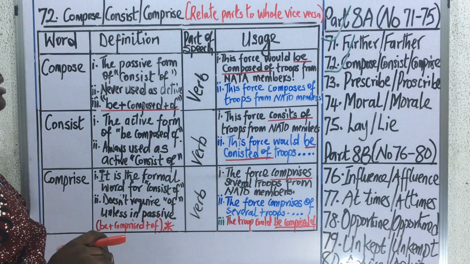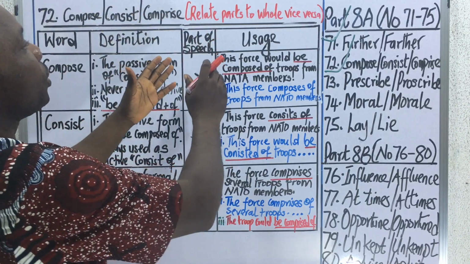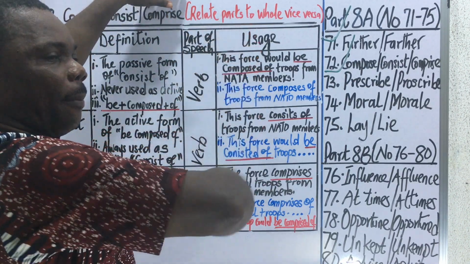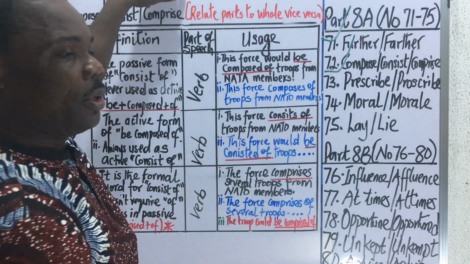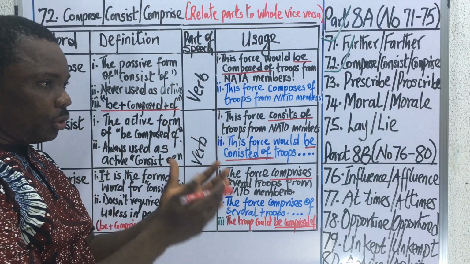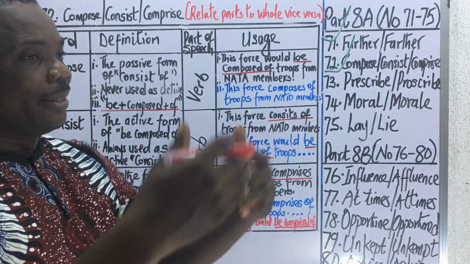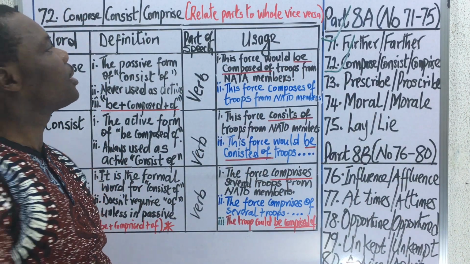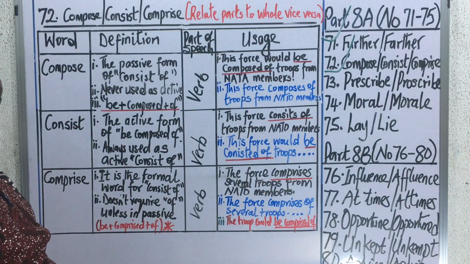The three words can be used to describe the relationship between the parts of something to the whole of it. That is, relationship of parts to whole and or the relationship of whole to parts. So the three words can always apply.